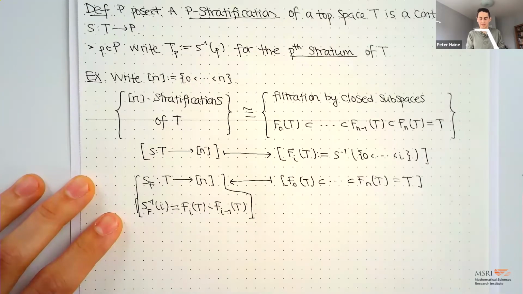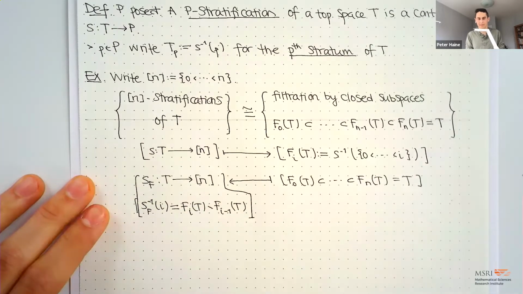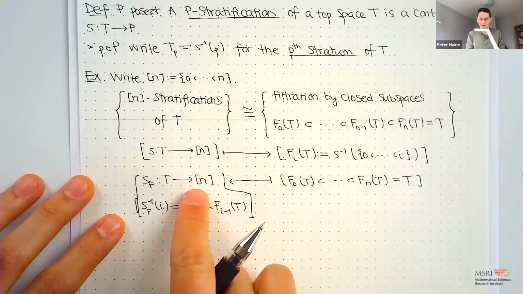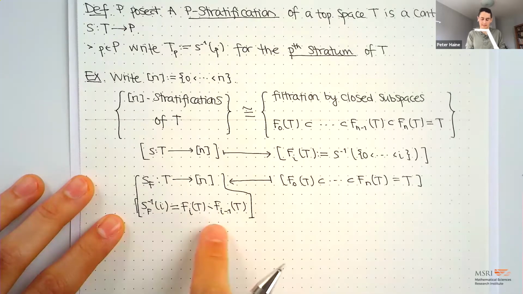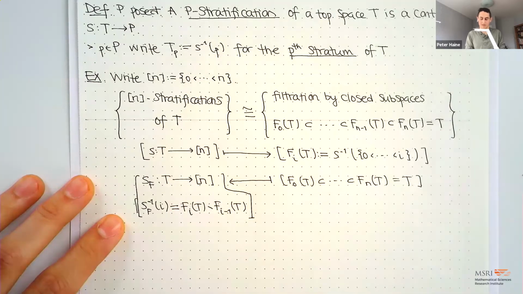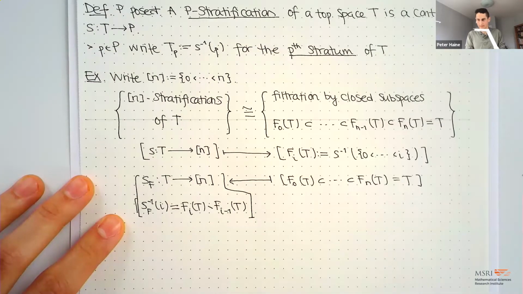And you can check that there is a unique continuous map that satisfies this property. So in the case of [1], you know how this works because maps to [1] classify open or closed subspaces.